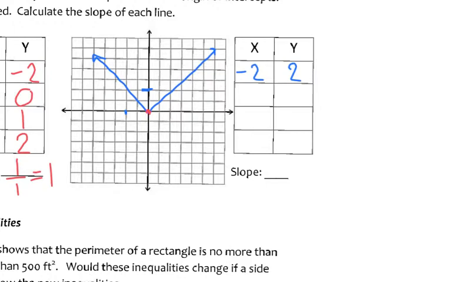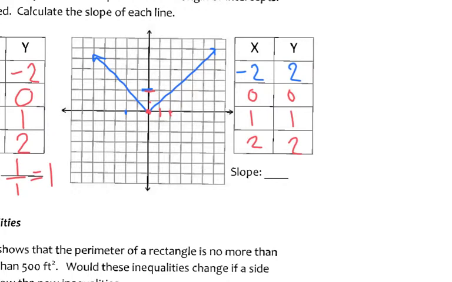And then at 0, if x is 0, y is also 0. And if we have 1, we also have 1. 2 also has 2.